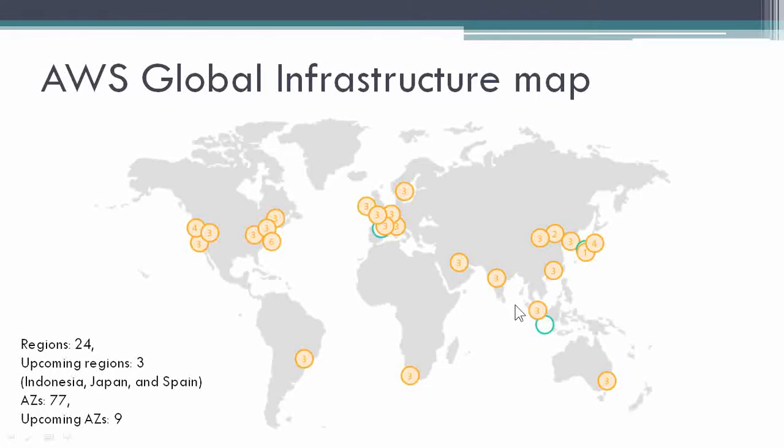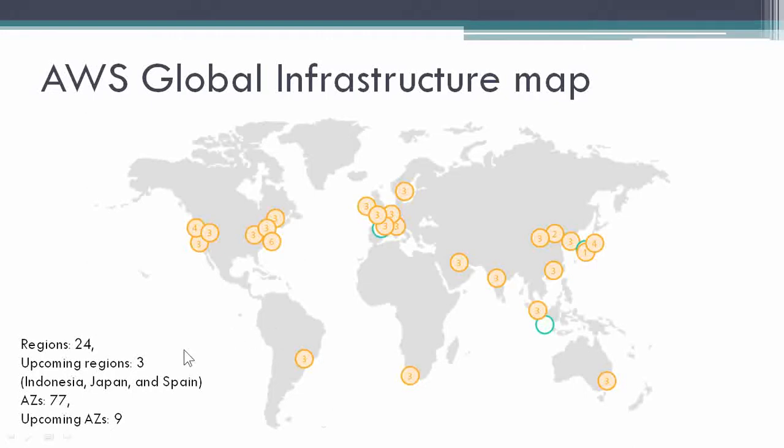And you can see the numbers in these circles. This indicates the availability zones in each region. Suppose in Mumbai there are three availability zones. Like that, each number indicates the availability zones in each region.